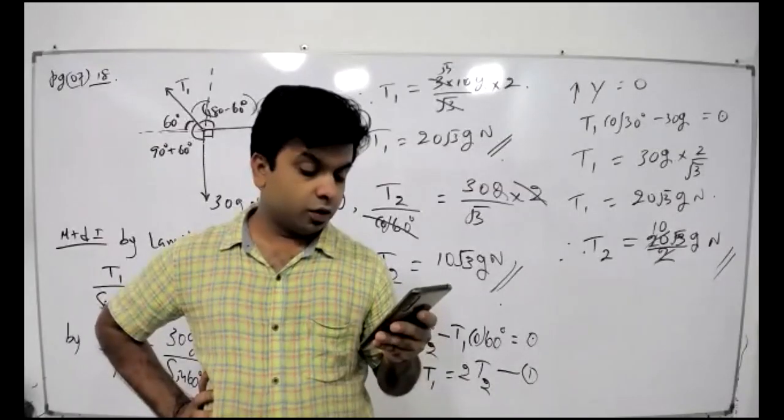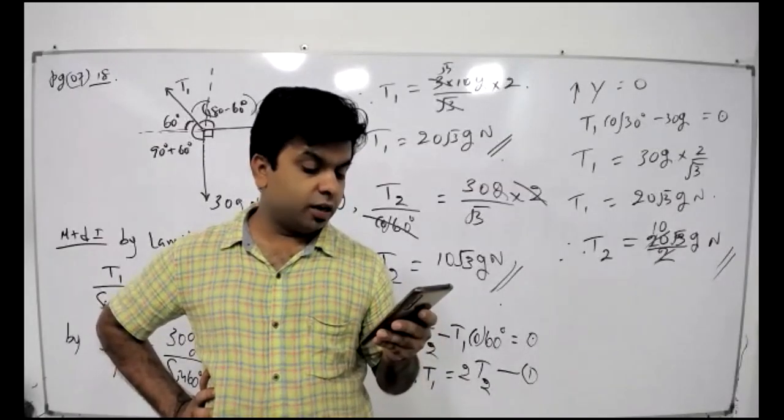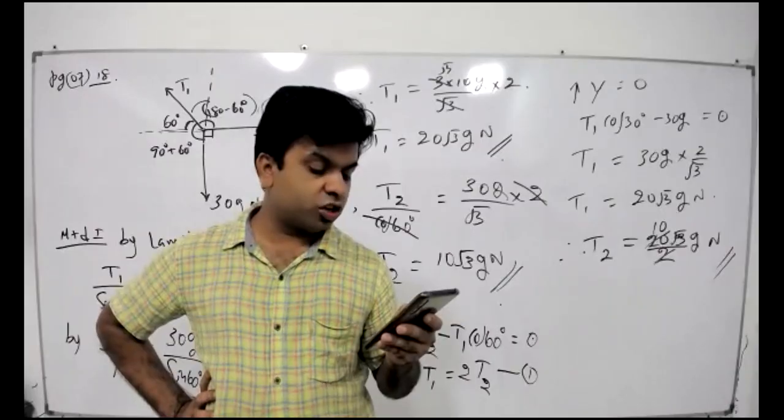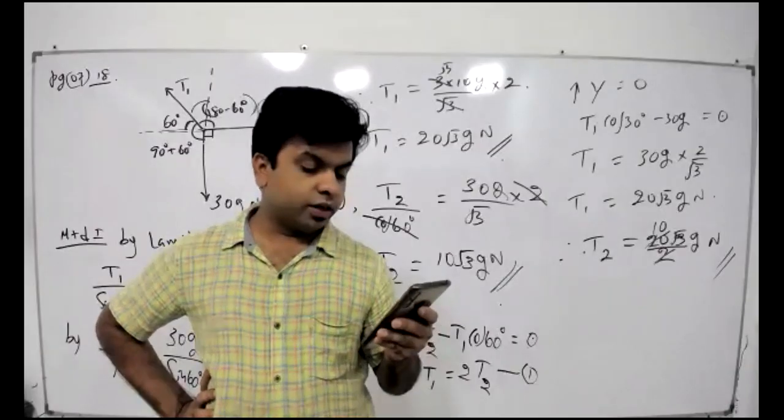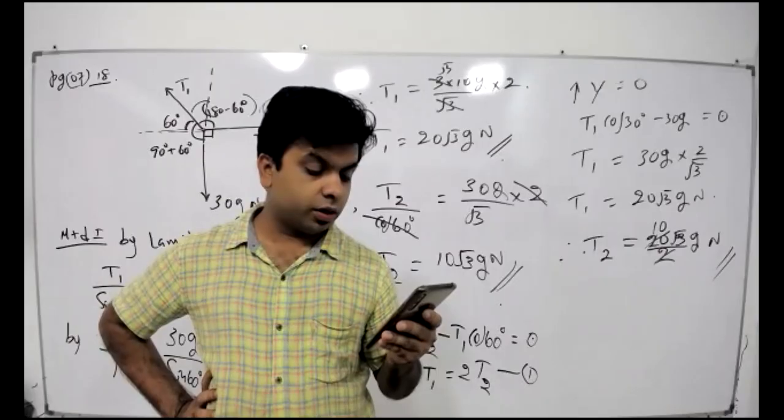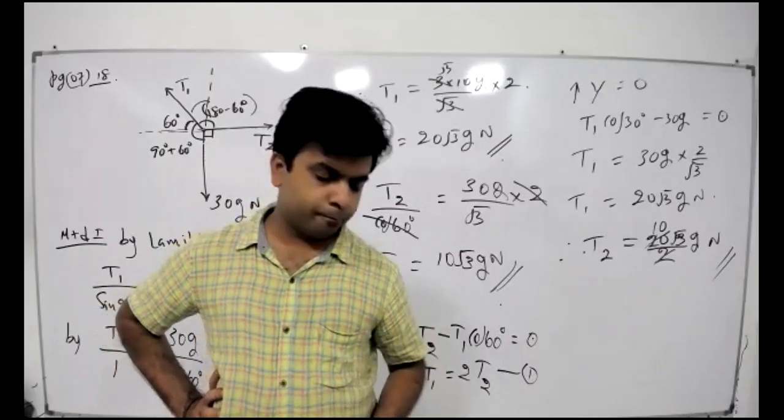Listen carefully, with the vertical. Find the angle made by the part of the string BC with the vertical and the tensions in the three parts of the string.